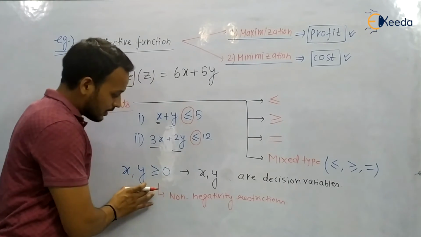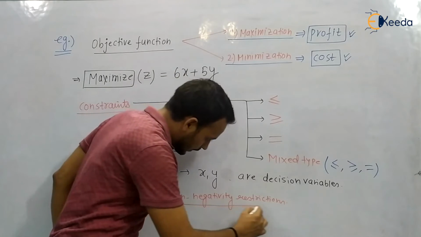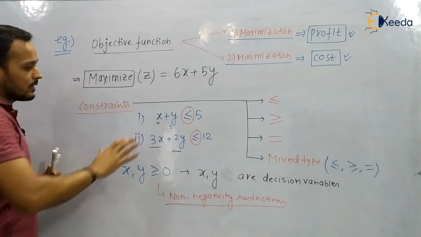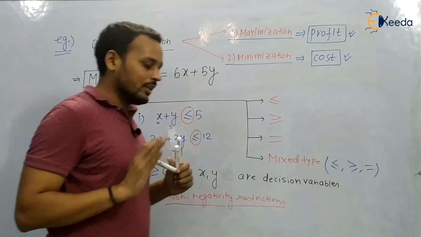So decision variables are of non-negative type. These are the basic formulation of your linear programming.